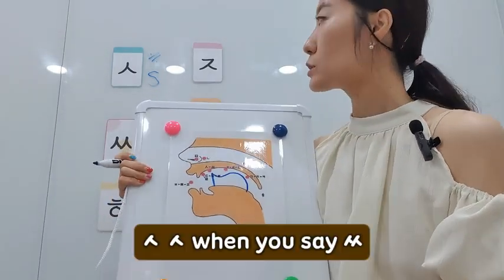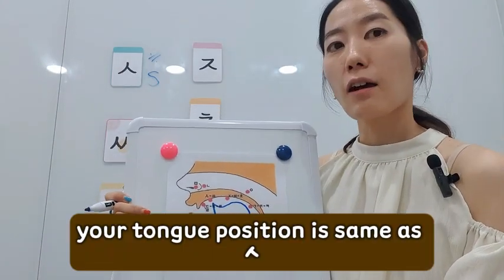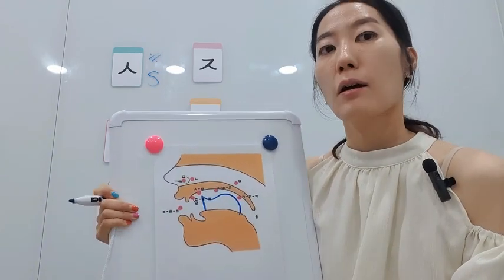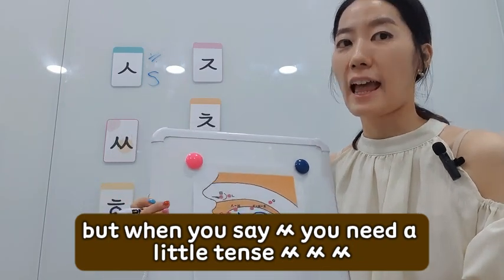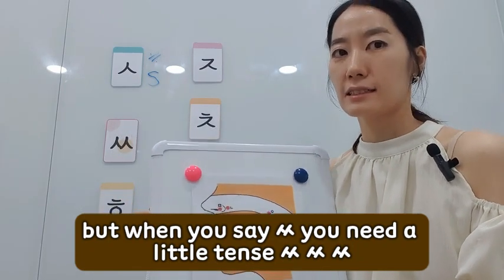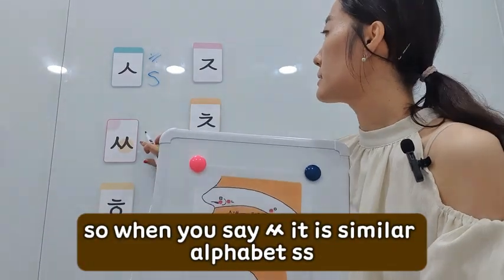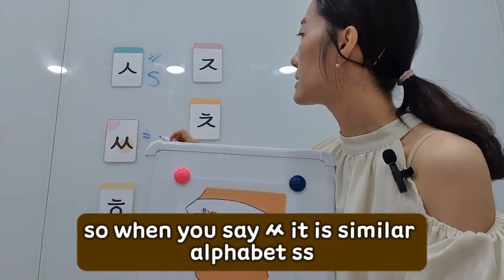S. So when you say s, your tongue position is same as s. But when you say 스, you need a little tense. S, s, s. So when you say 스, it is similar to the alphabet s.